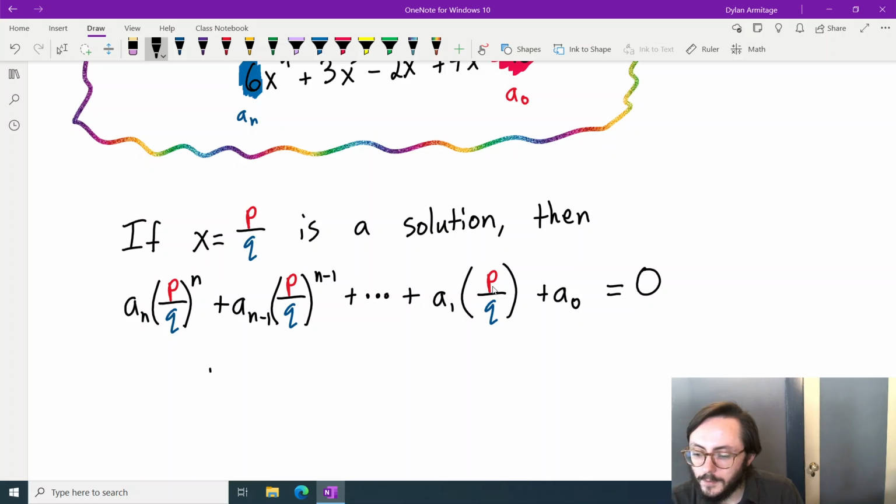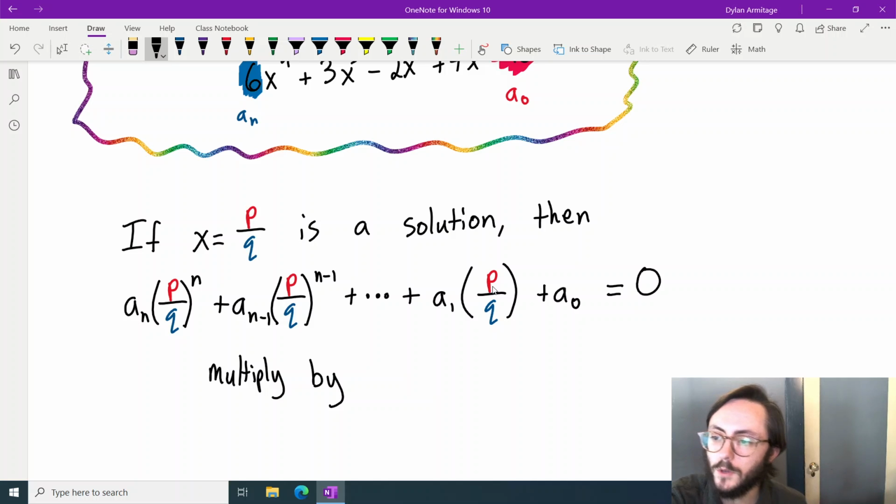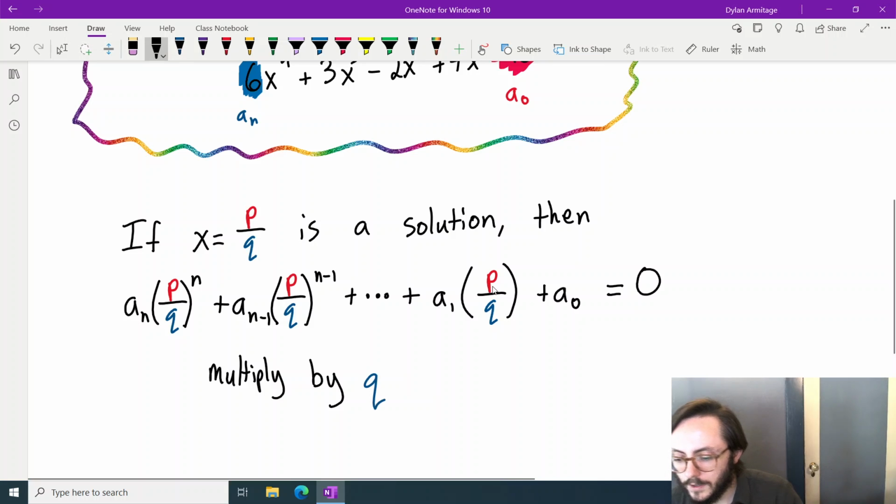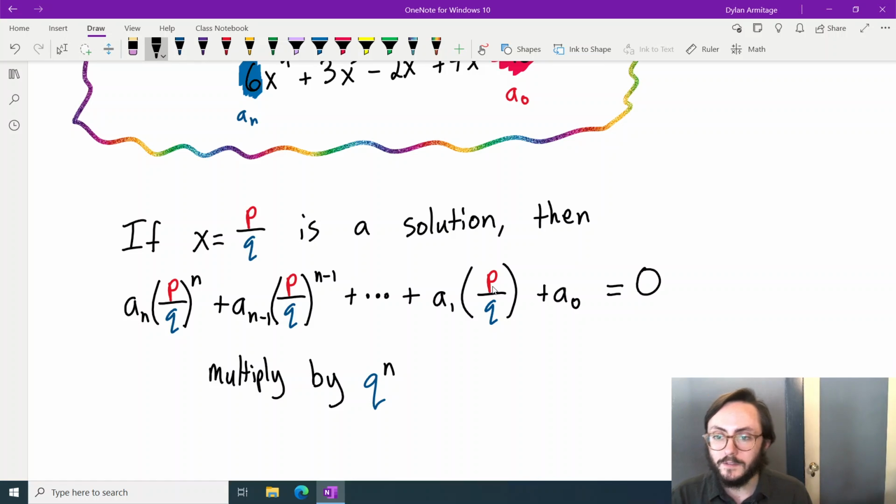So let's multiply this entire equation by q to the power of n, whatever n is, our degree.